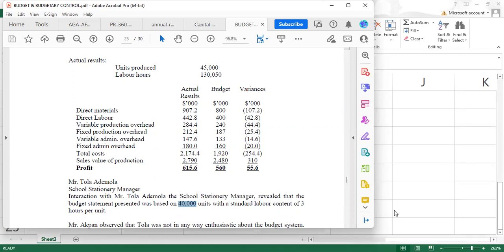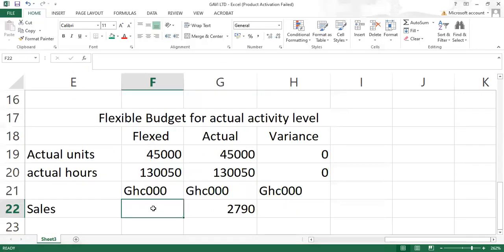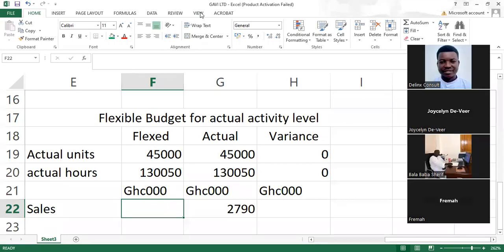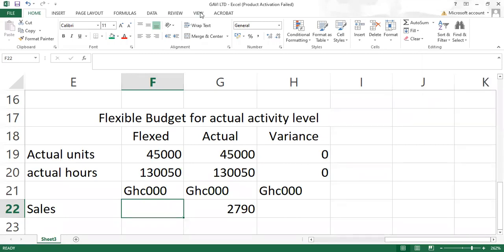How much should have been the figure? If 2480 is for 40,000, how much should have been for 45,000? Frida, 2790. Frida, what did you get?